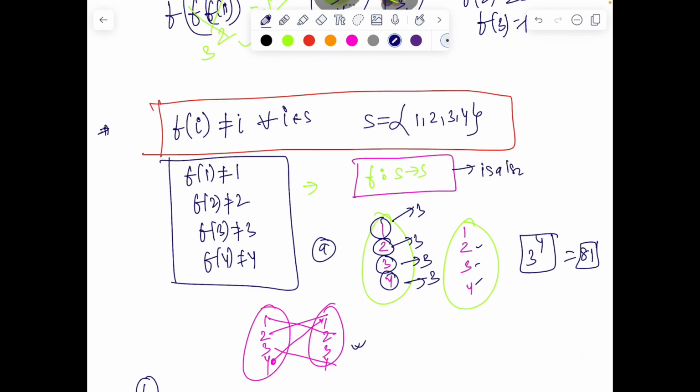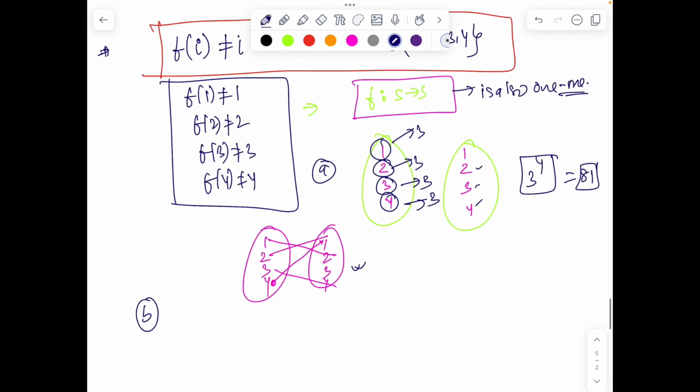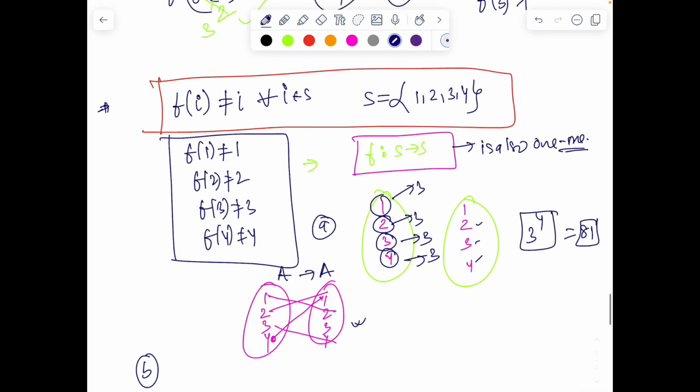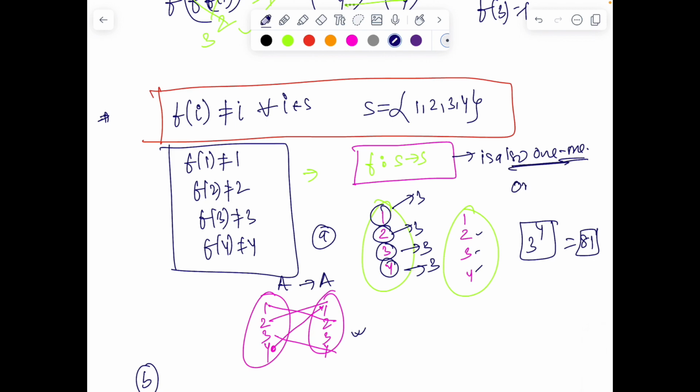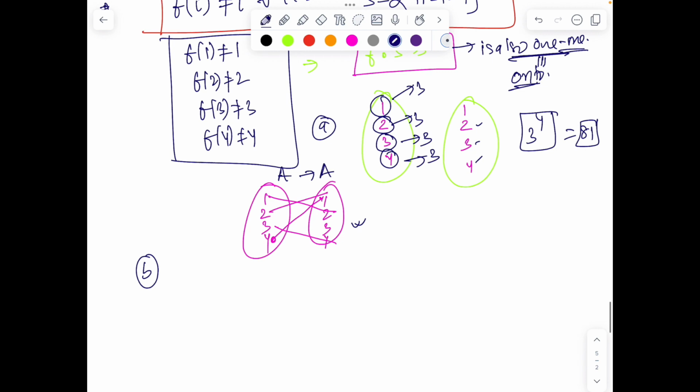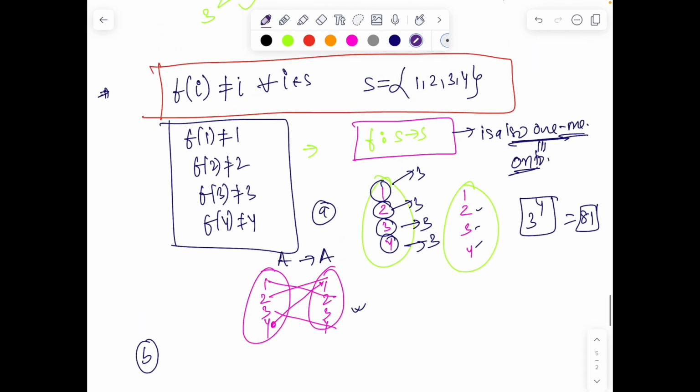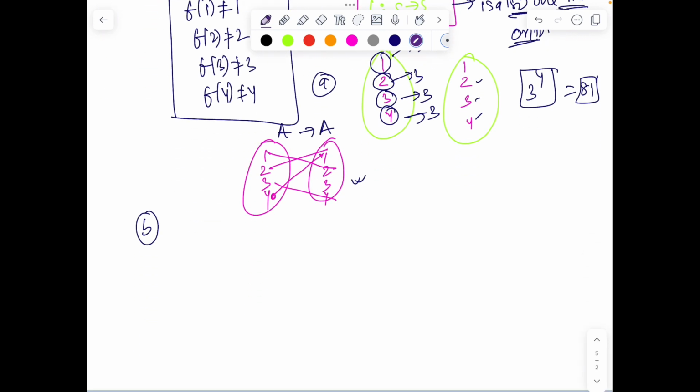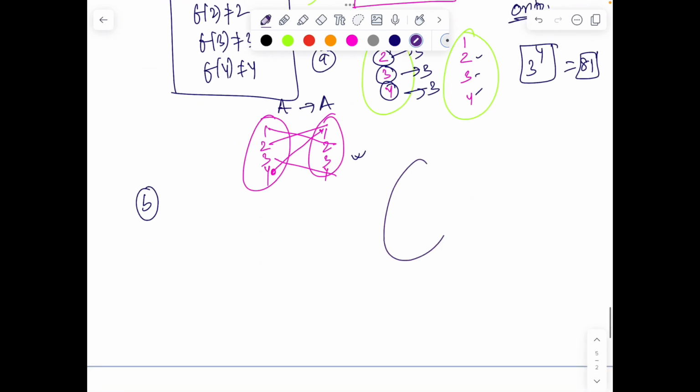Okay, now the second part of the problem is, what if the function is also 1-1? Here, since we have an equal number of elements in set A and set B, because set B is the same as set A, whether the function is 1-1 or onto, it means the same thing effectively. So find the number of bijective functions. I can tell you either 1-1 or onto, or both 1-1 and onto represents the same thing.